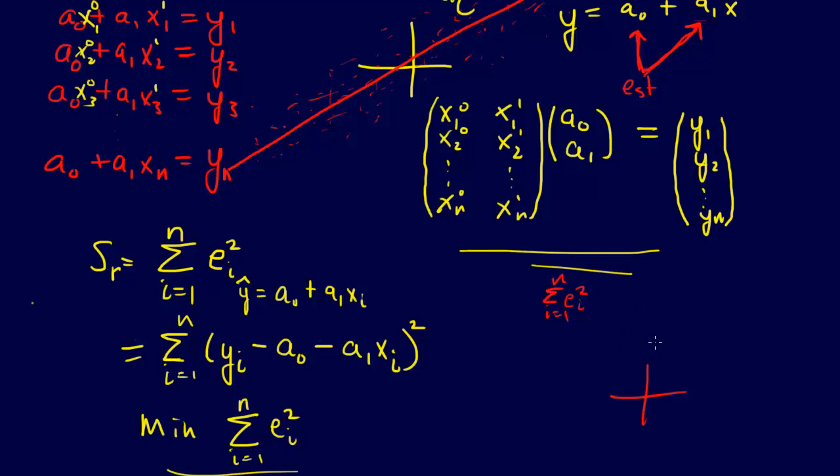And then we're going to need two more axes: the a naught axis and the a1 axis.